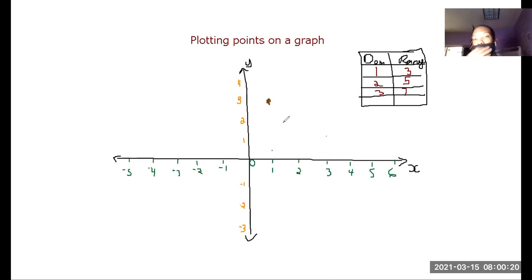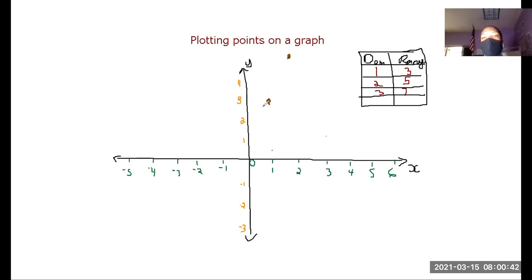Okay. Now, if I do 2, 5, I'm going to find 2 on the x-axis, and I'm going to find 5 on the y-axis. It's going to be somewhere up here. I didn't put it on this, but if I keep going, it's going to be somewhere right here. So 2, 5.